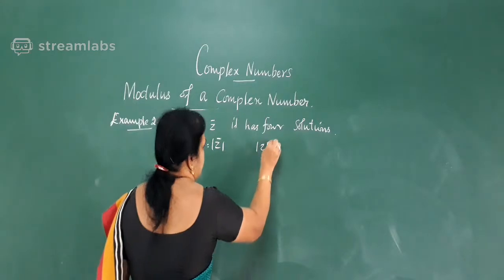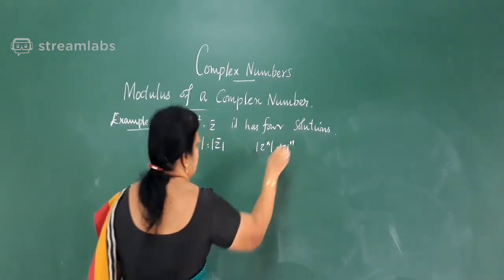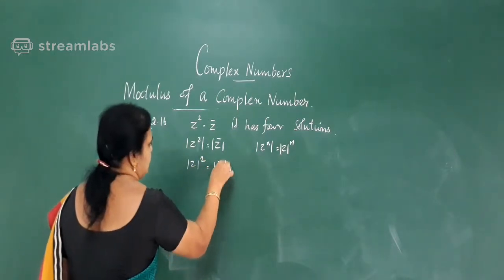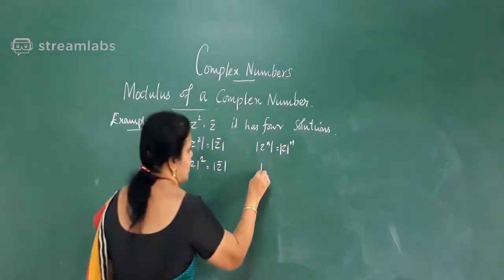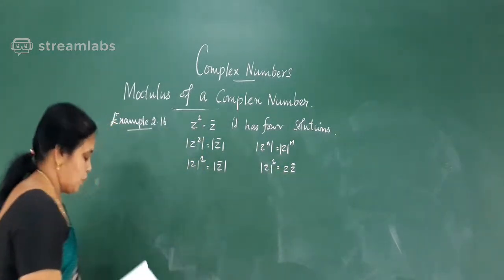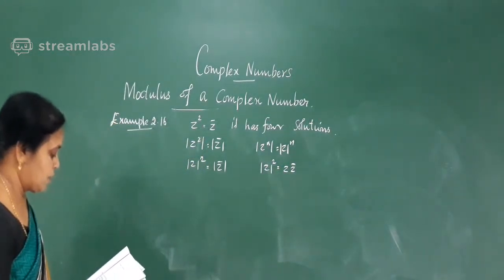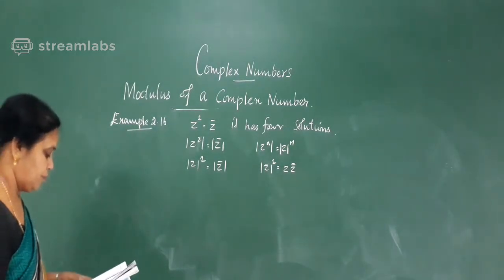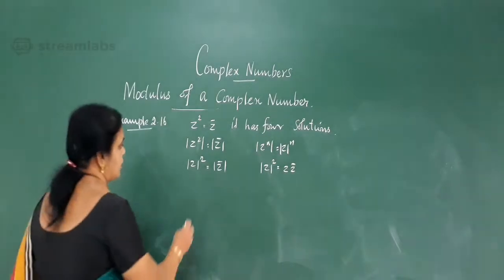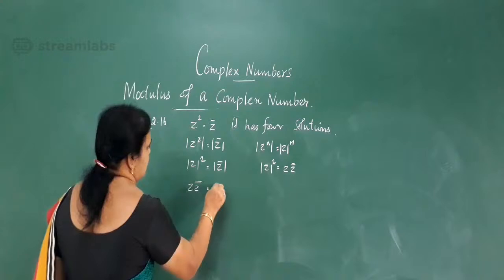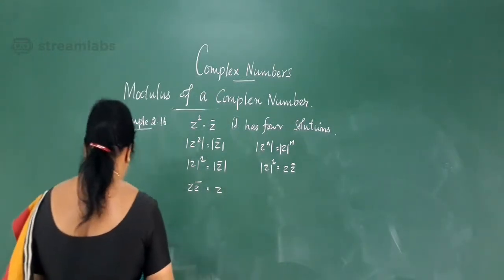By using this property, we can write like that, isn't it? What is this modulus z square? Modulus z square is equal to modulus z bar. Already we have seen.